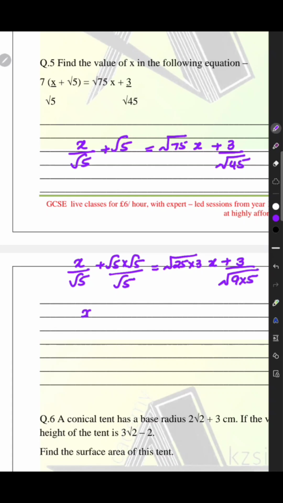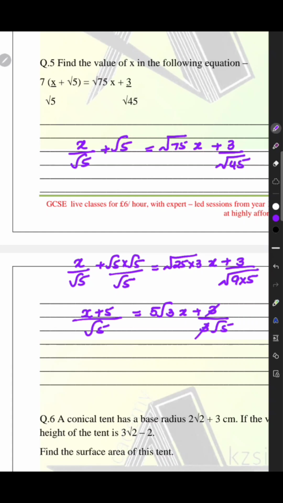So this is written as x plus root 5 times root 5 is 5, over root 5, is equal to 5 root 3 x plus 3 over 3 root 5.